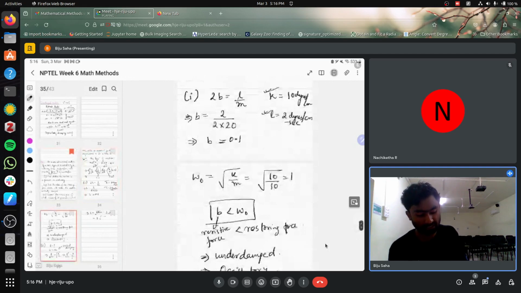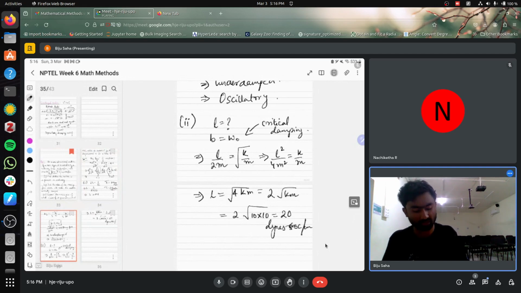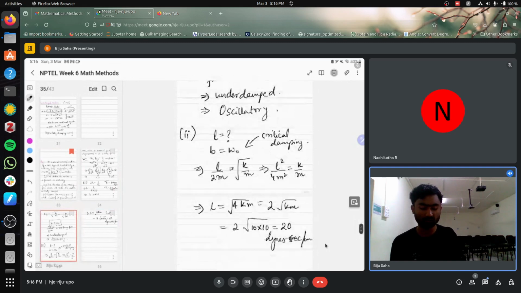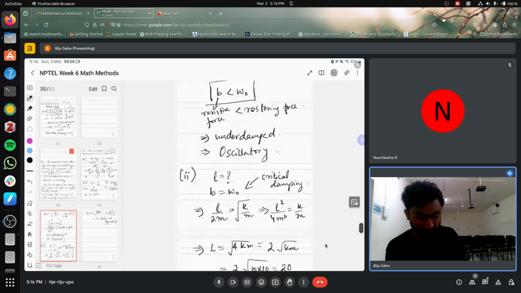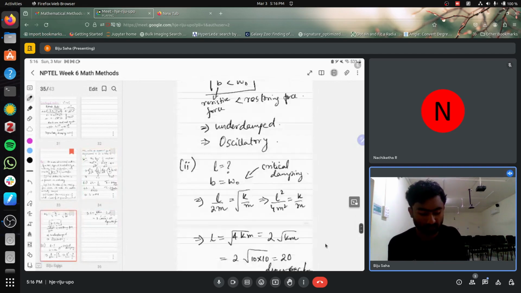Your K was 10, M was 10, so it is 20. So if your resistive force is equal to 20 dynes second per centimeter, then you achieve the critical damping scenario. That is what you have to find.